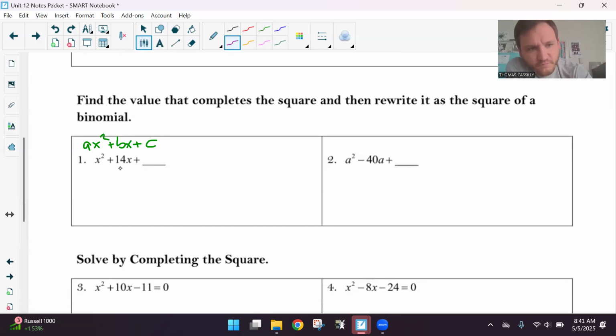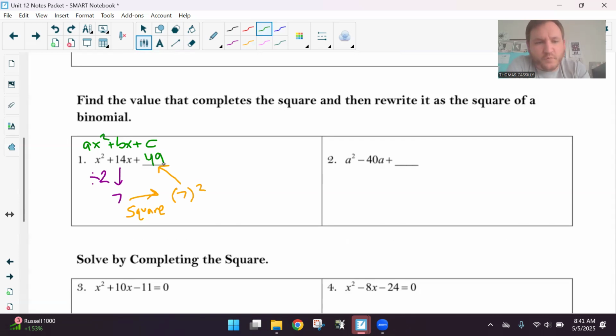To do that, we take the 14, that b value, and cut it in half. I'm just going to say divide by 2, and that gives us 7. After we cut it in half, we need to square it. So 7 squared. What is 7 squared? 7 squared is 49.